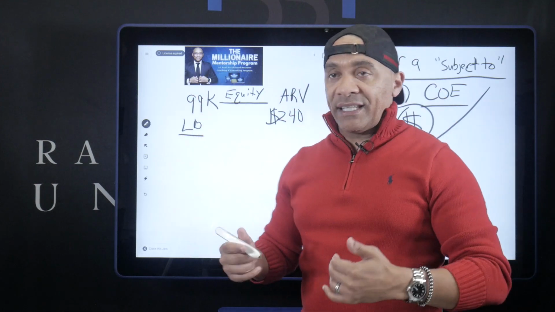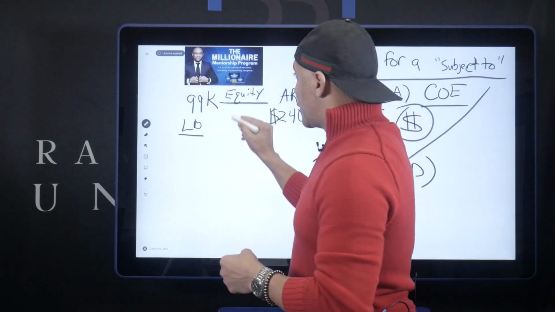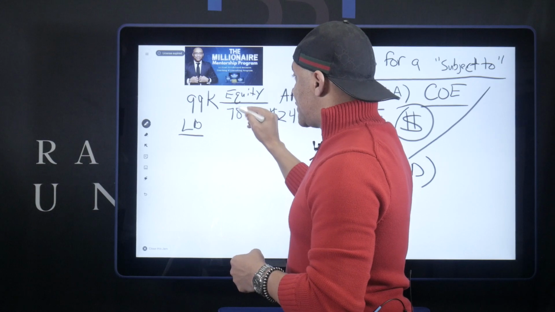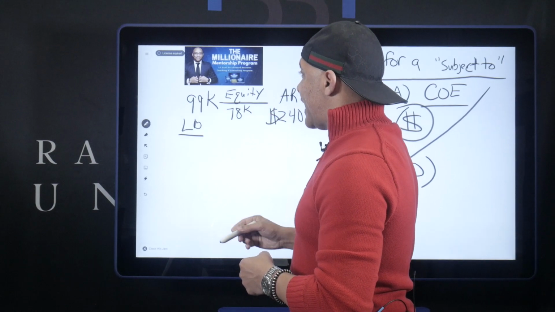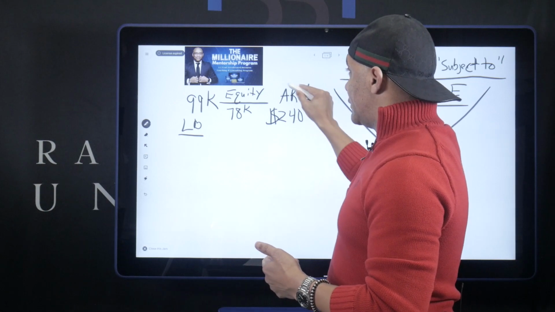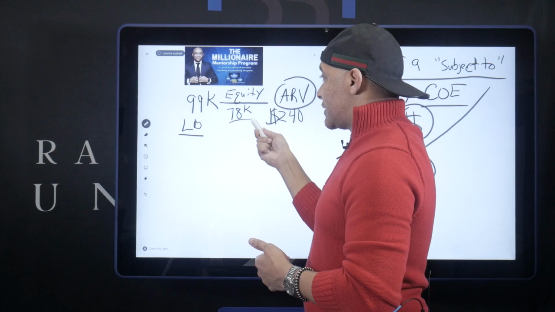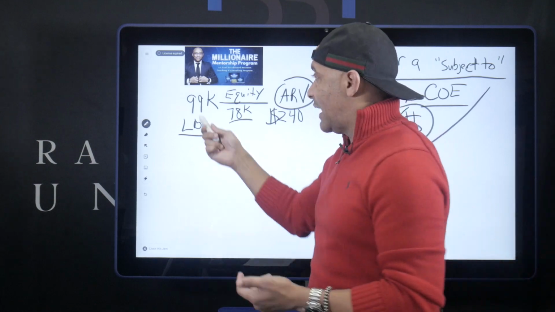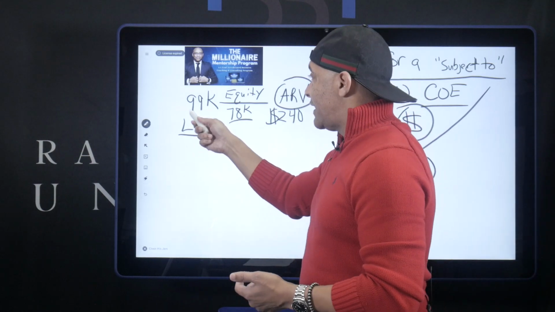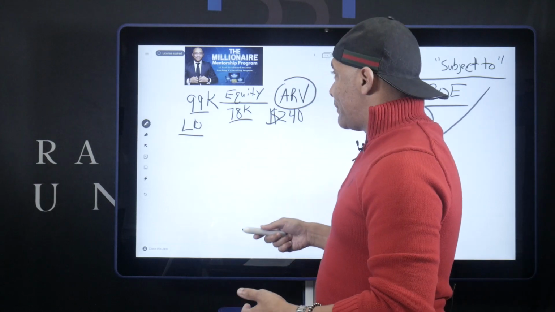Once I went through that list, in this particular case study, I believe my total cost of acquisition was going to be $78,000. That's very important, because if I sell it for $240,000, I'm going to have to deduct the $78,000 I put in it, and I'll have to deduct the $99,000 that I know I owe to the bank.